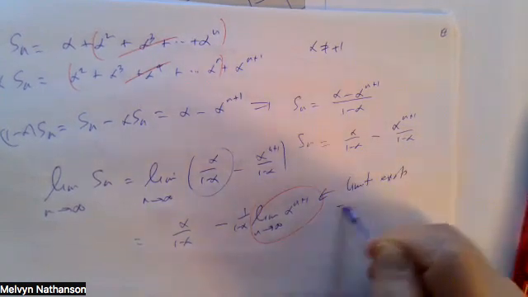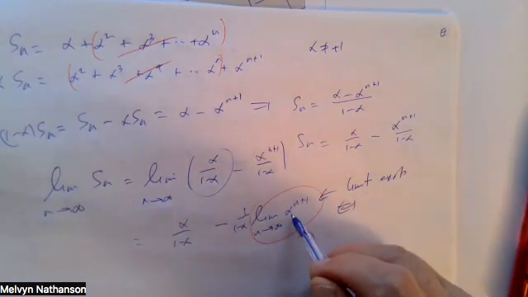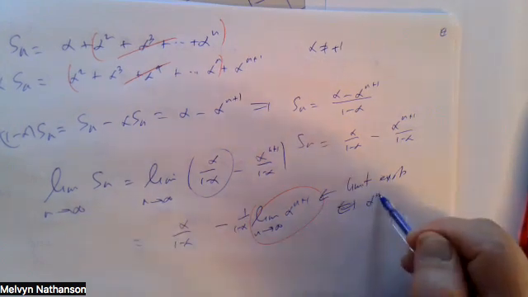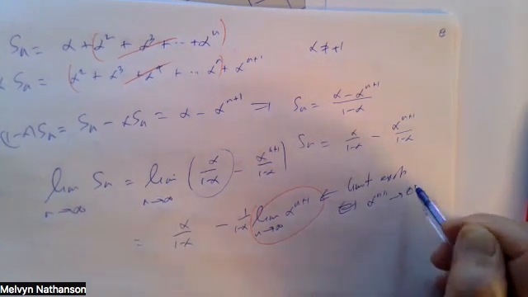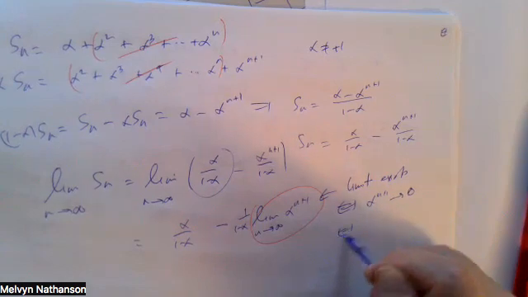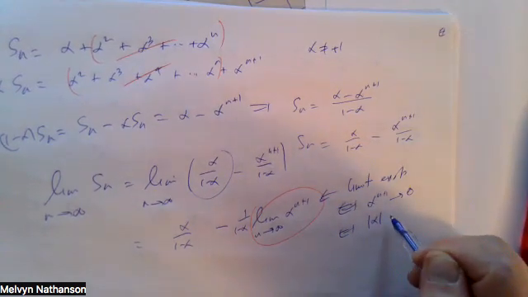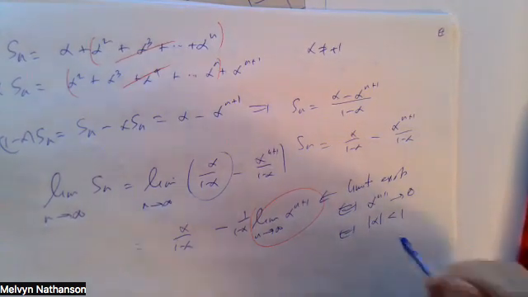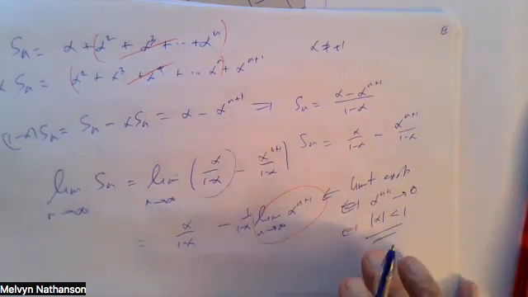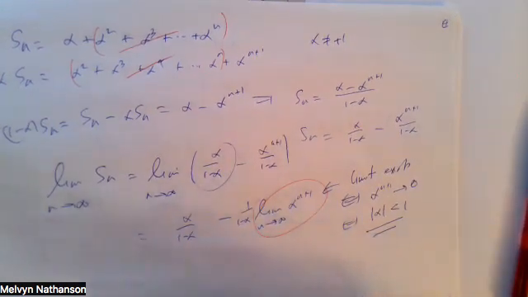So this limit exists if and only if alpha to the n plus 1 goes to 0 as n goes to infinity, which only happens when alpha in absolute value is less than 1. So now we have the correct statement of the theorem about geometric series.